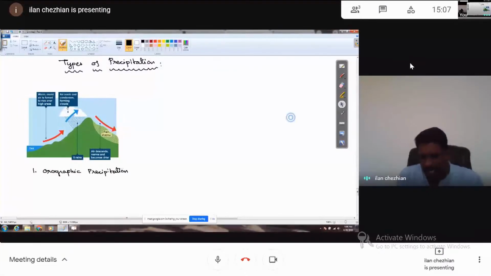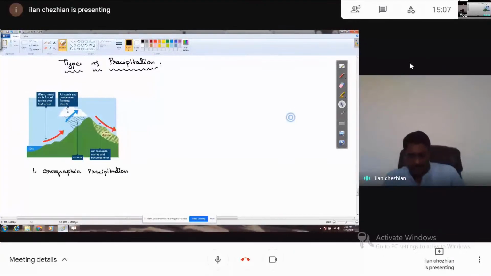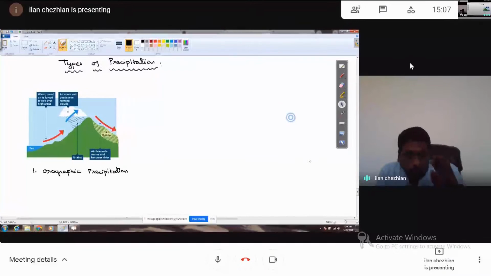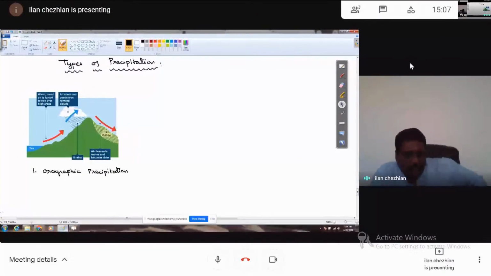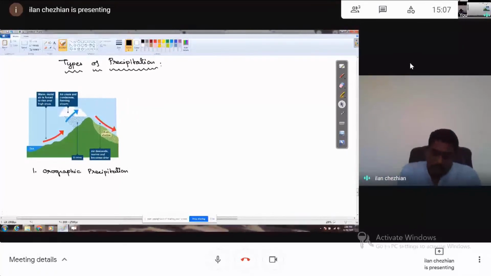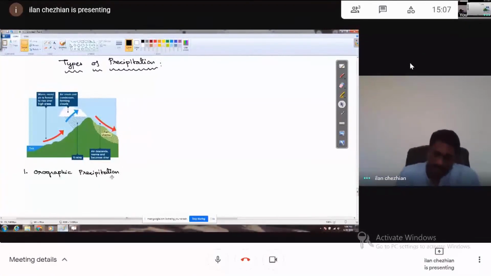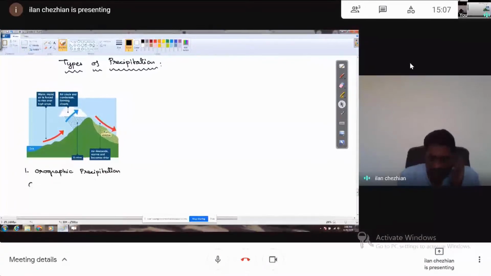See, rainfall is one form of precipitation. That's the reason I'm not calling it orographic rainfall. I'm calling it orographic precipitation. I am including the larger segment. Right? Okay. So, which side? Normally, the windward side of this mountain is experiencing this precipitation. Sometimes, orographic precipitation, my friend, is also called a relief precipitation.